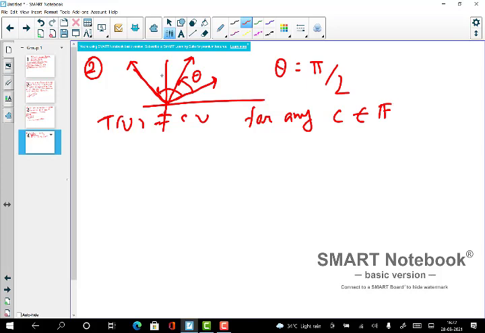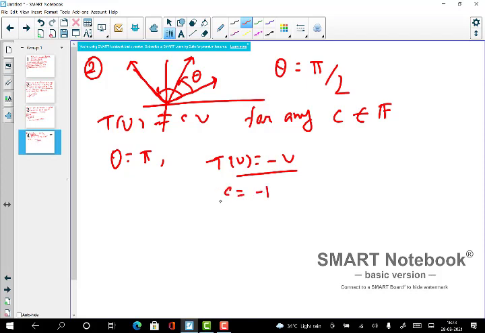But if you give rotation by pi, that means 180 degrees, then it will come here, right? That means this is the negative of such vectors. So for theta equal to pi, you can see that TV equals minus V, so c equals minus 1.